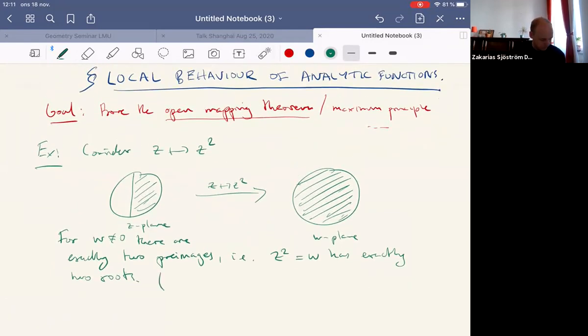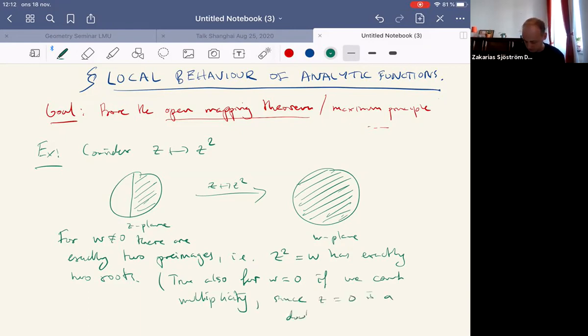And this is moreover true also for w equals 0, actually, if we do what we did last time, if we count multiplicity, since z equals 0 is a double root of the equation z squared equals 0. So we have exactly two preimages for z goes to z squared.